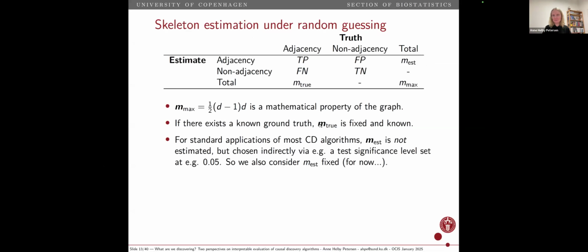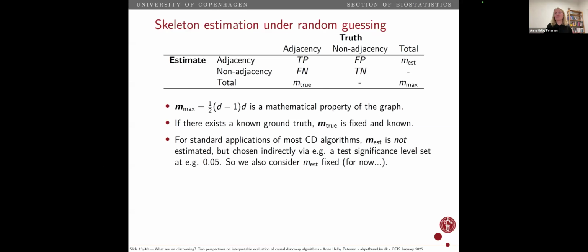fixed unknown number. And then something that's maybe less intuitive, if you haven't worked a lot with causal discovery, is that the way most of these algorithms are being used in practice, m_est is also something that's not estimated. It's typically chosen implicitly using a test significance level in the constraint-based algorithms, or using a penalty for your scores.